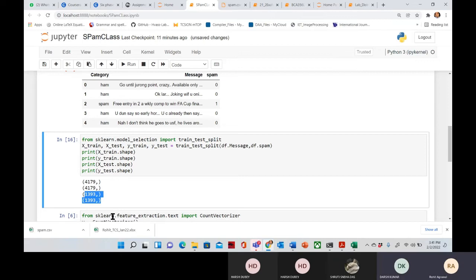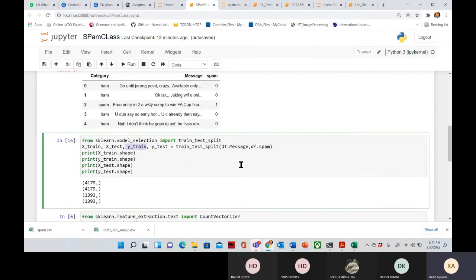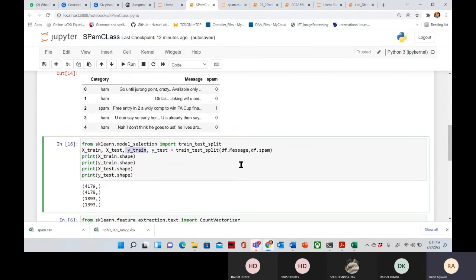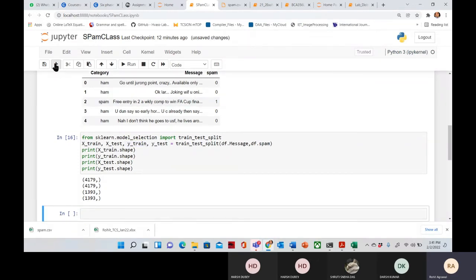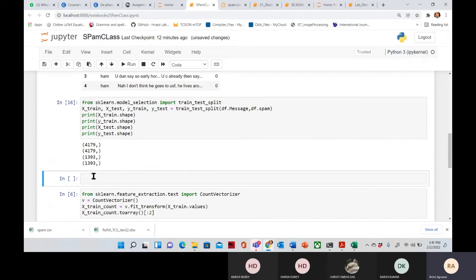Yes, sir. So the total data is divided into two parts, training and testing. We will use this training data, X train and y train. y train has only the 0, 1 values. I can show you this as well: what are the y values and what are the x values.